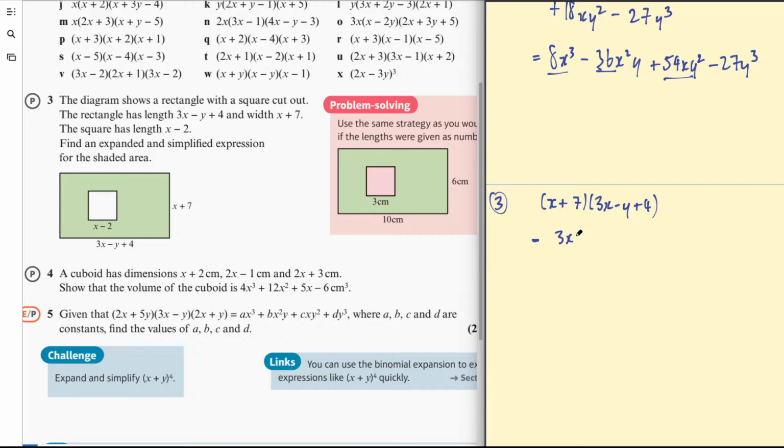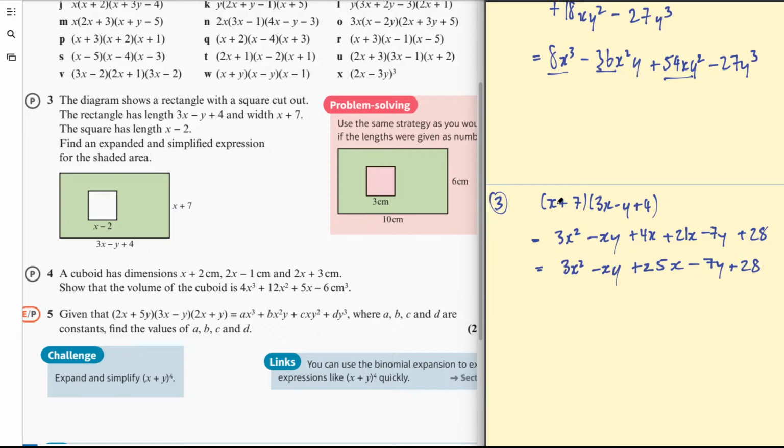So 3x squared take xy plus 4x plus 21x take 7y plus 28. And then simplify, so 3x squared take xy plus 25x take 7y plus 28 is my simplified expression.